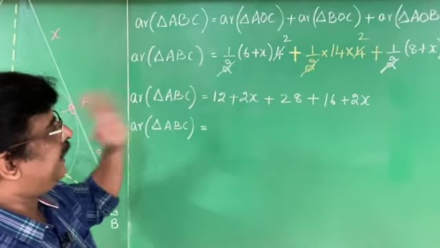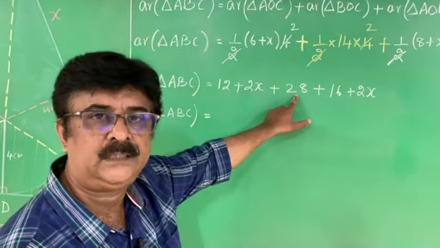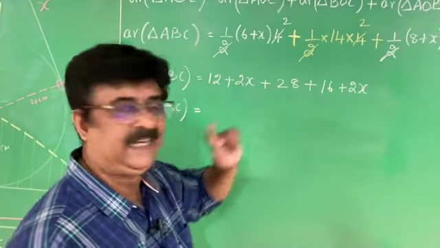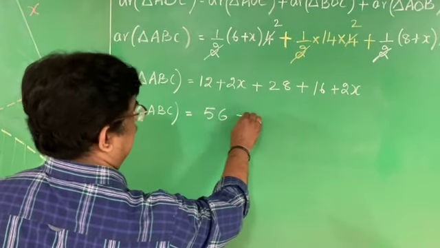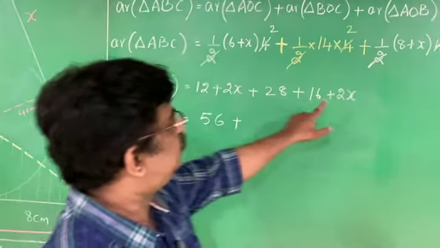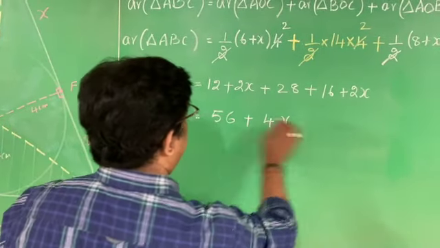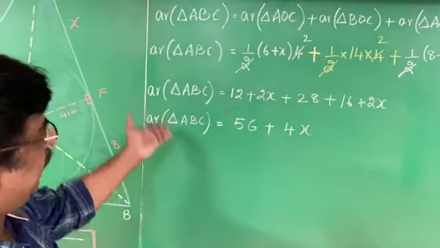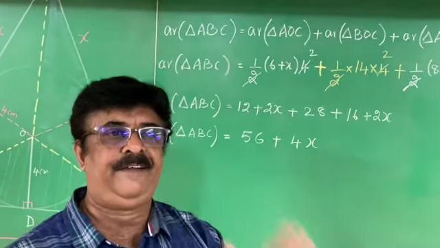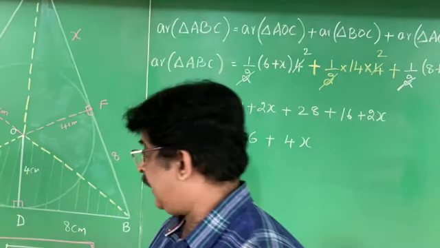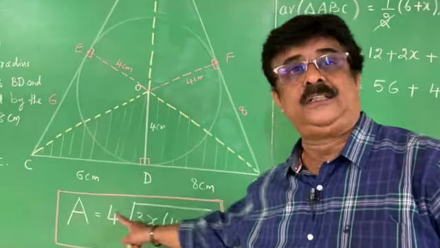Now see, addition. 12 plus 28, how much is it? 40. 40 plus 16, 56. Plus 2x plus 2x, 4x. Right? Now I calculated the area of the triangle ABC by using the regular method, half into base into height. I already calculated the area of the triangle ABC by using Heron's formula.